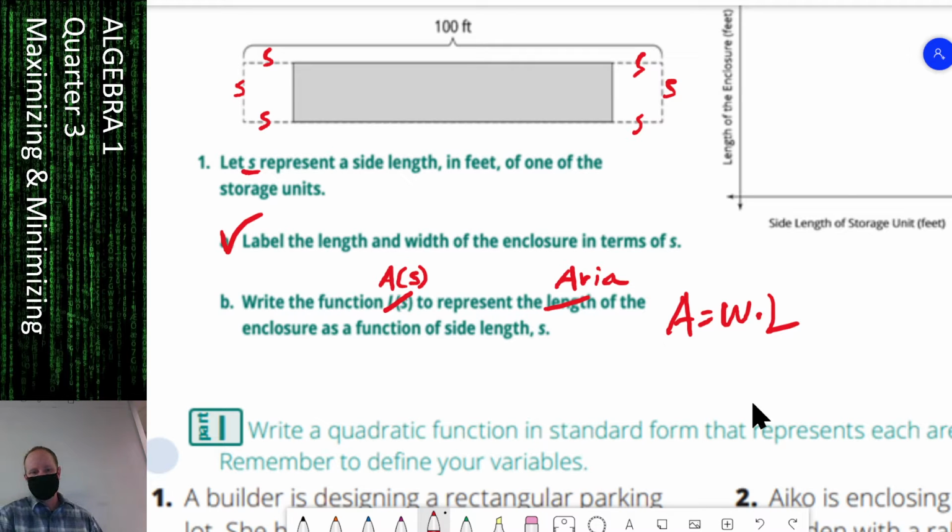The length we're going to say is this right here. And the width, so this is going to be our length, and then the width will be this right here. What other variable is that width equal to?